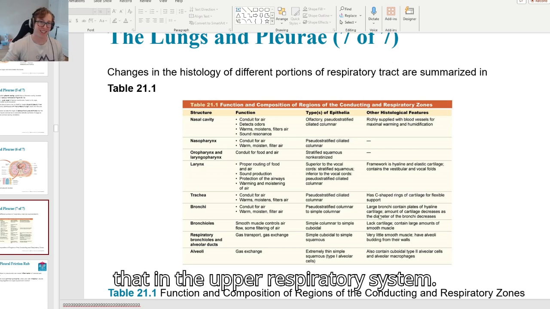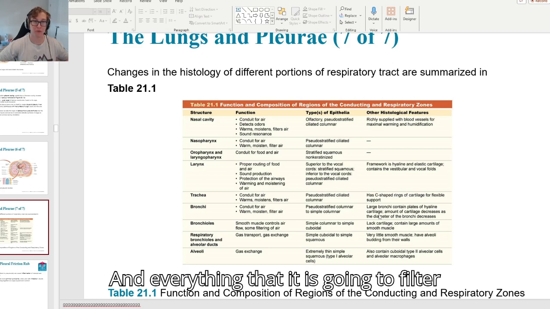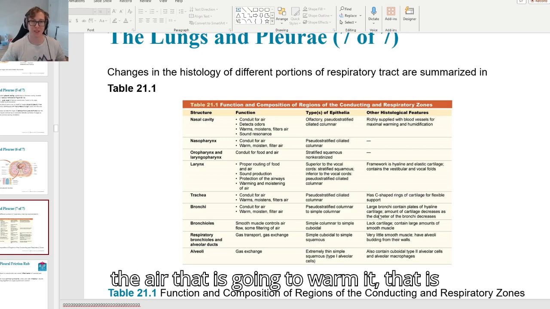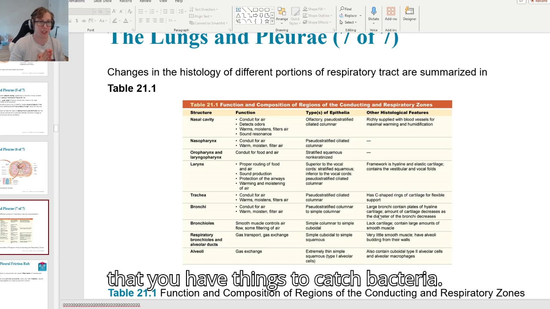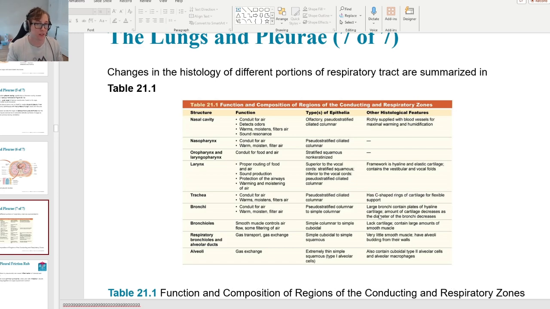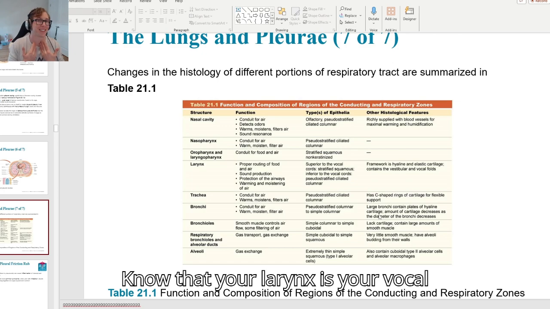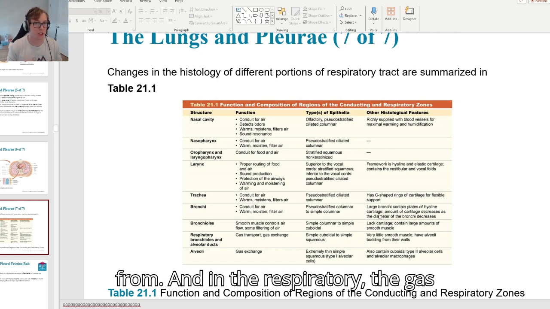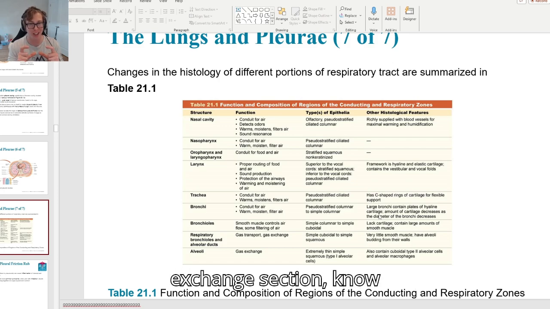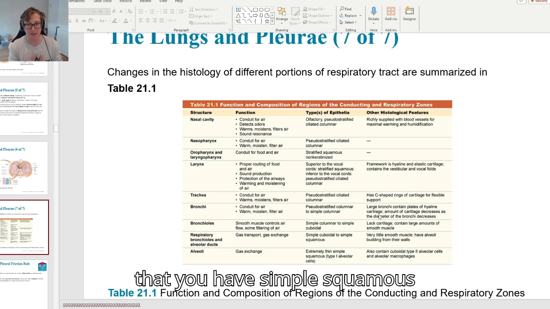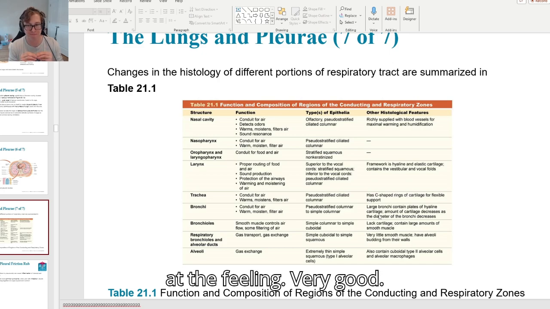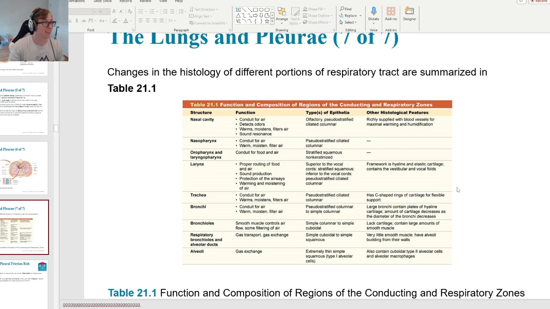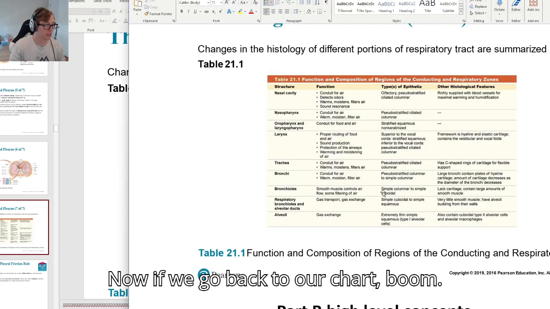Know that the upper respiratory system is going to filter the air, warm it, and moisten it, that you have mucus, that you have things to catch bacteria. Know that your larynx is your vocal cords and where your voice box comes from. And in the respiratory, the gas exchange section, know that you have simple squamous epithelium. You're good. Now, if we go back to our chart, boom.